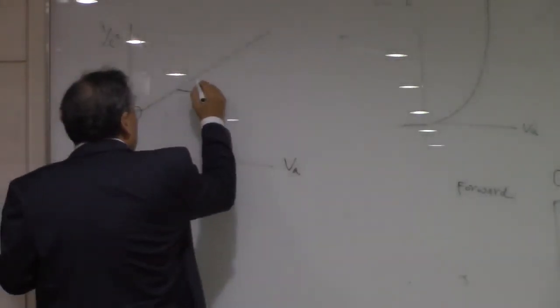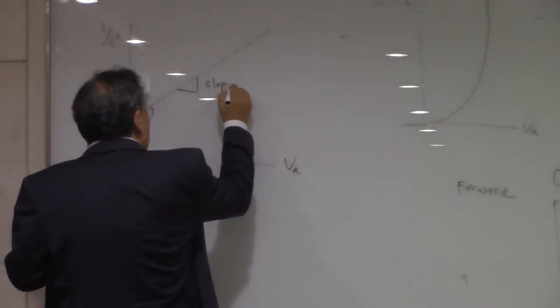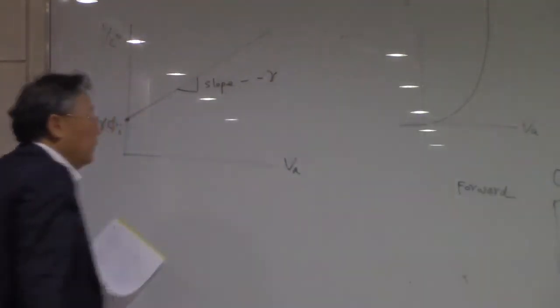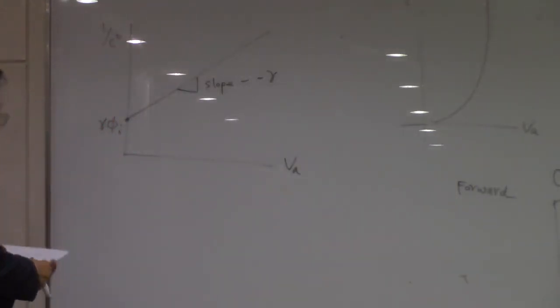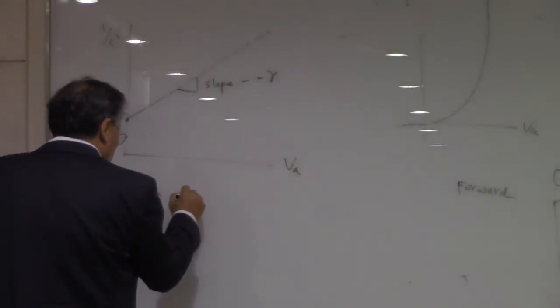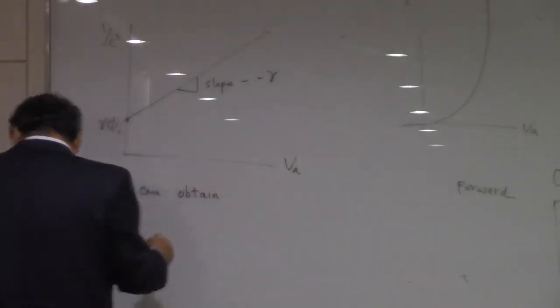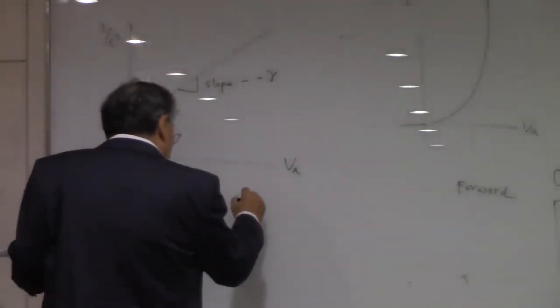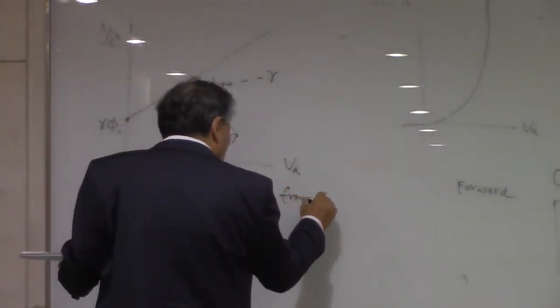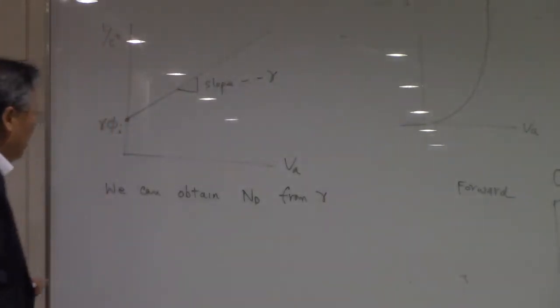And the slope is related to the minus gamma. So we can obtain the ND from the gamma values there, right?